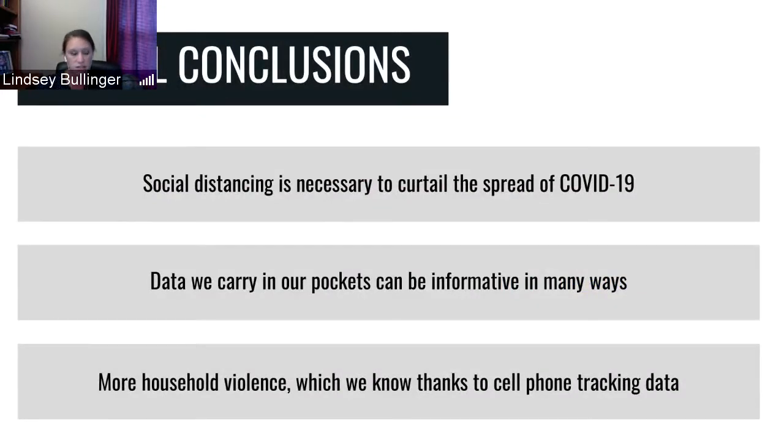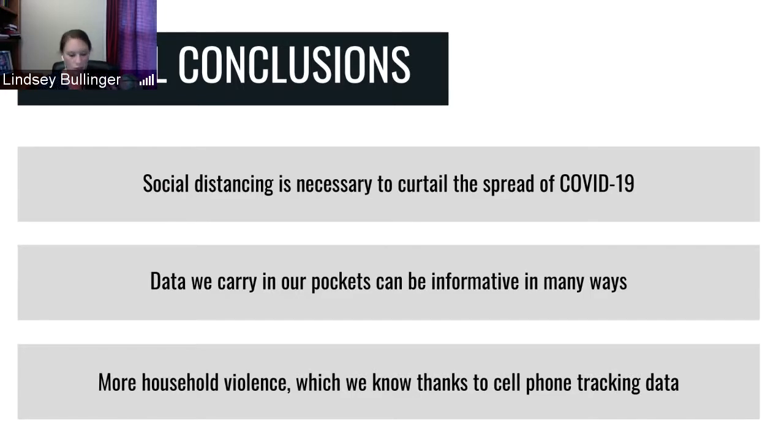So the overall conclusions, at least from this short discussion, are that social distancing is certainly necessary to curtail the spread of COVID-19. Our public health experts are telling us this. And the data that we are carrying around in our pockets and our phones can be really informative, not only from a business perspective, which is what these data have historically been used for, but more so now in the context of COVID-19 and determining larger macro-level societal factors as well.